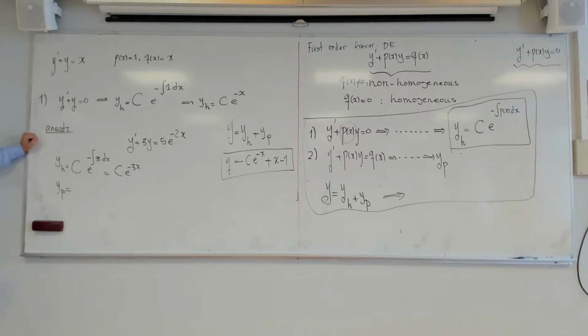So what is yp? Is it reasonable to say ax plus b in this case? No, because the derivative of this will never give you exponential function. Is it reasonable to guess sine function? No. The only reasonable function is the exponential function itself. But do you think it is reasonable to guess something like this?